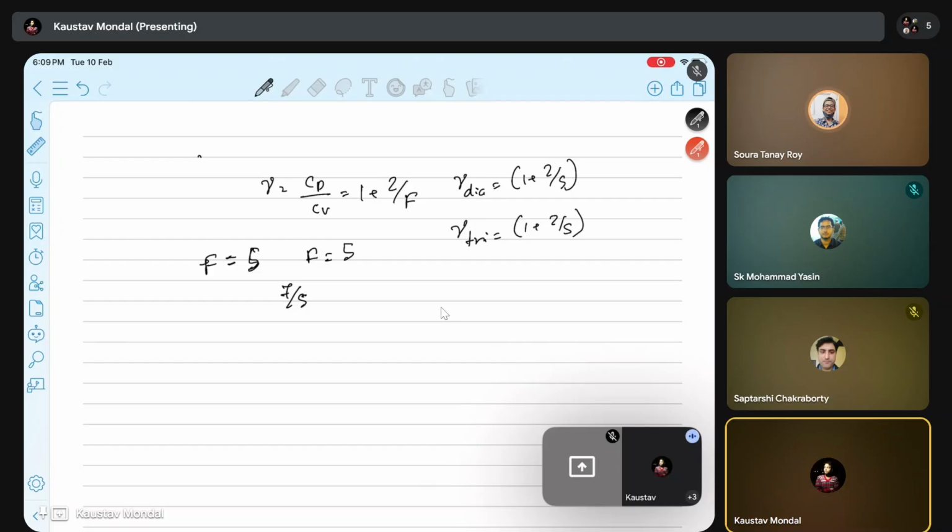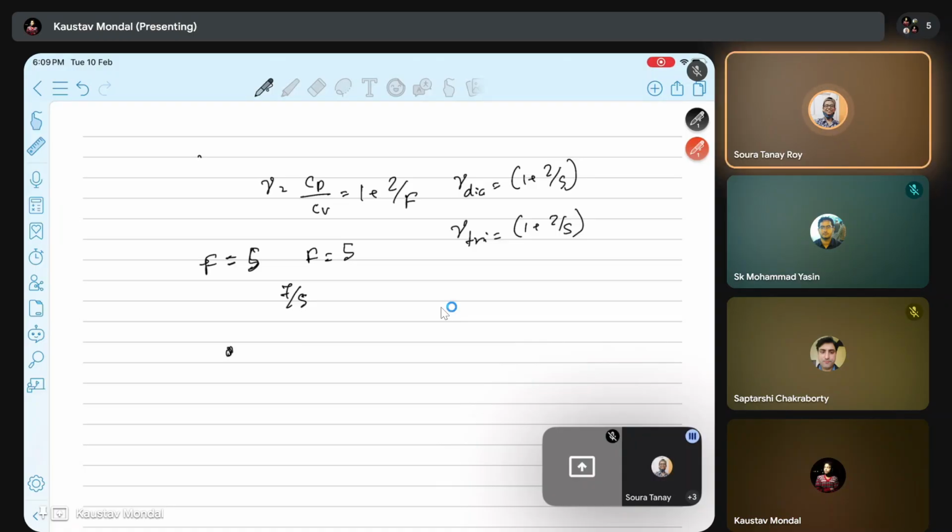I was thinking that since it is successive collisions, it should be lambda, because that is how lambda is defined.